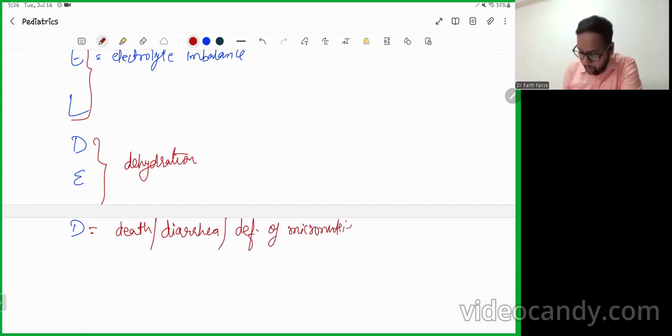So I hope I'm clear with this mnemonic SHIELDED, the complications in a SAM child.